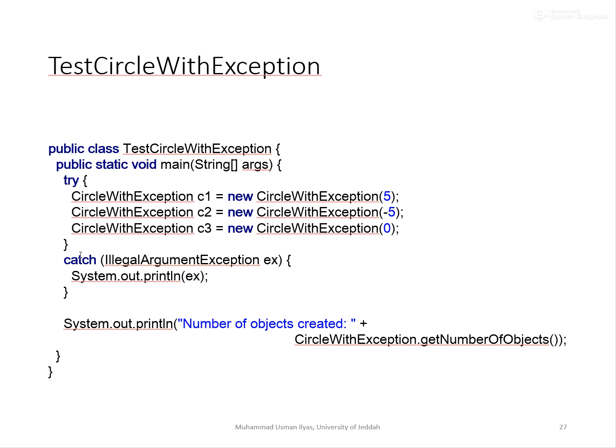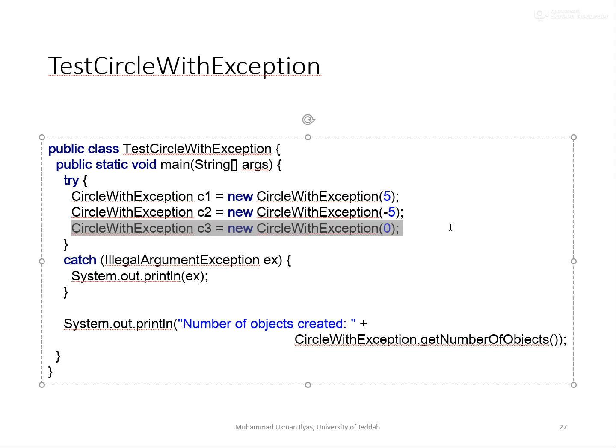And finally, just to demonstrate that the code continues to execute after the catch block, I'm going to print out the value of numberOfObjects created. Note that we'll never really get to this line in the try block, because by the time we create the second object c2, right after that we'll be handling an exception.